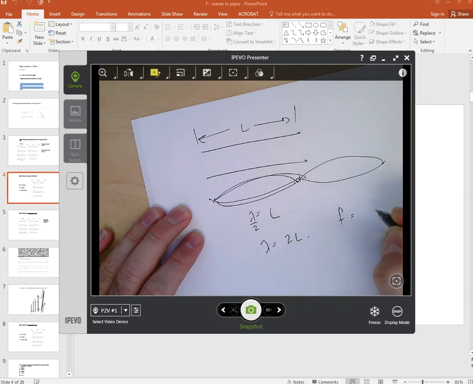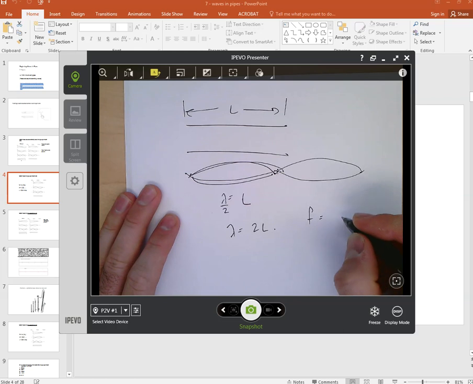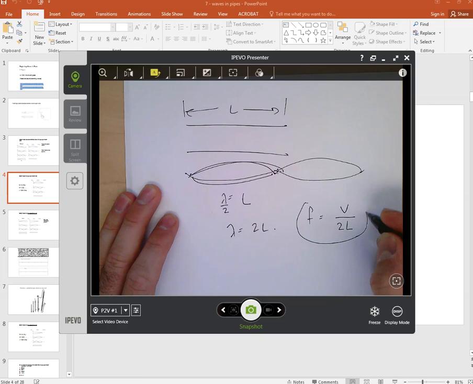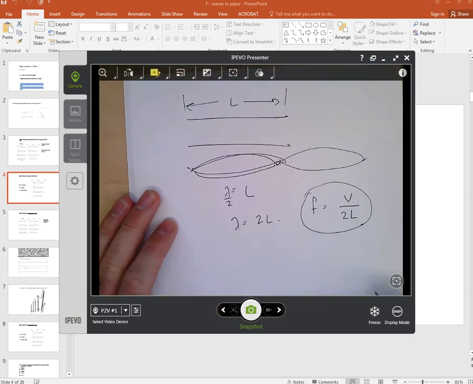So if we go by our formula from before, that frequency is the speed, or velocity, divided by 2L, then we can see that the frequency is v over 2L.